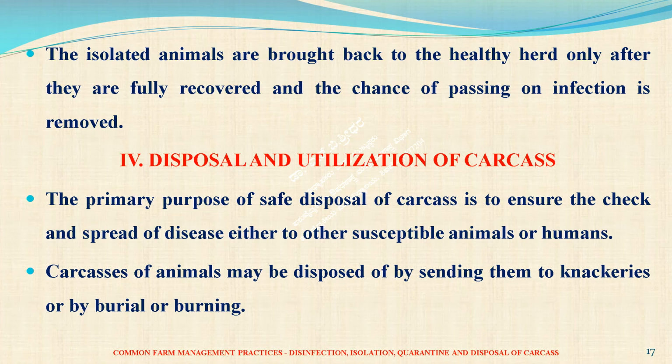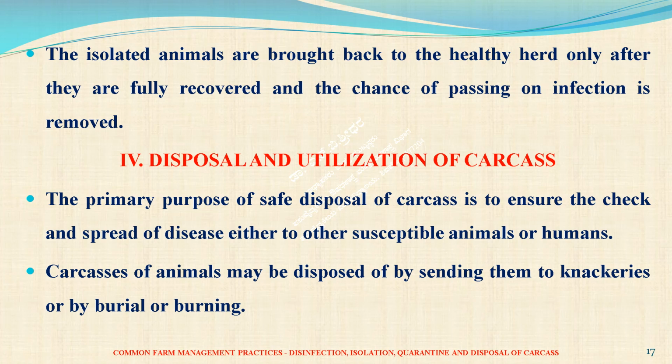And disposal and utilization of the carcass is also another problem in farm animal management. The primary purpose of the safe disposal of the carcass is to check the spread of disease either to susceptible animals or to humans.